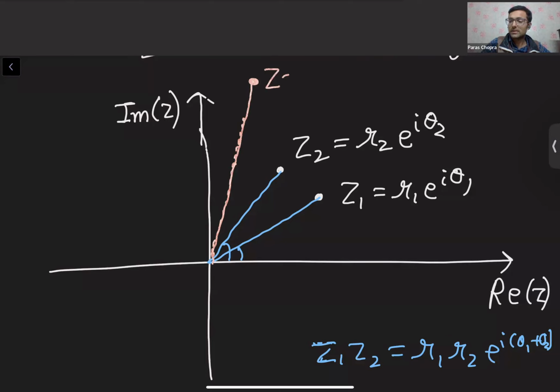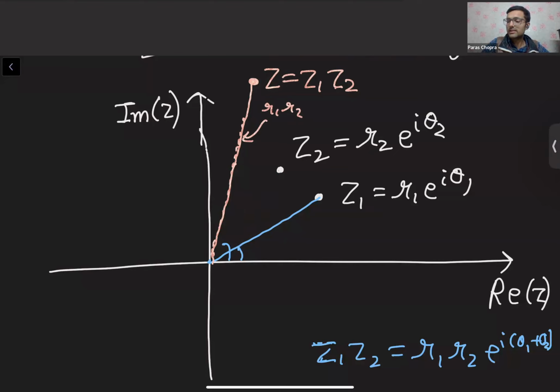So this will be z1 times z2. तो जो एंगल्स है वो ऐड कर देंगे मल्टीप्लिकेशन में और जो मॉड्यूलस है वो मल्टीप्लाई कर देंगे, such that this length is equal to r1 times r2 and this angle is equal to theta 1 plus theta 2.